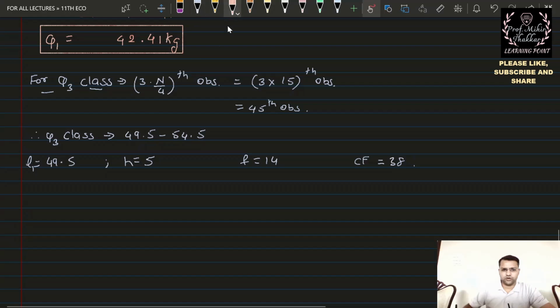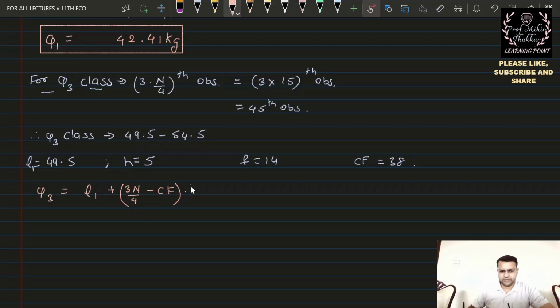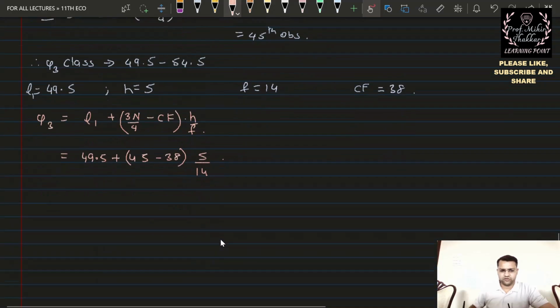After that, use the formula for the third quartile, which is Q3 is equal to L1 plus (3n upon 4 minus CF) multiplied by H by F, which is equal to L1 is 49.5 plus 3n upon 4 is 45 as we have already taken it. CF is 38, H is 5 and frequency is 14.